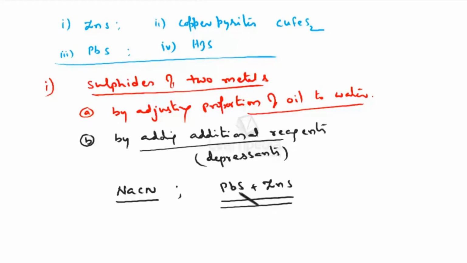So the lead sulphide, being free, will form the froth readily and move onto the surface, where it can float into the adjoining tank, and thereby be separated from the zinc sulphide ore.